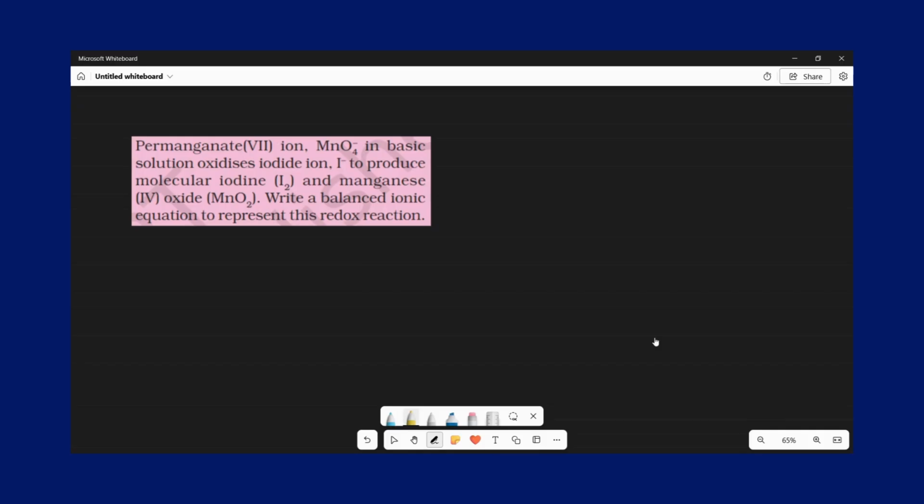Today I am going to illustrate balancing of redox reactions using the half reaction method or ion-electron method.